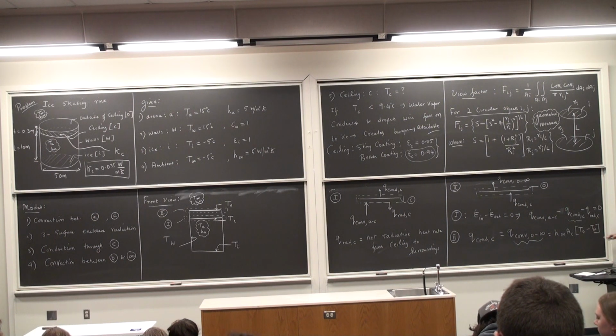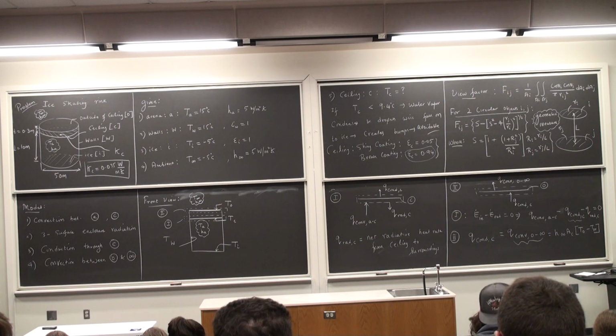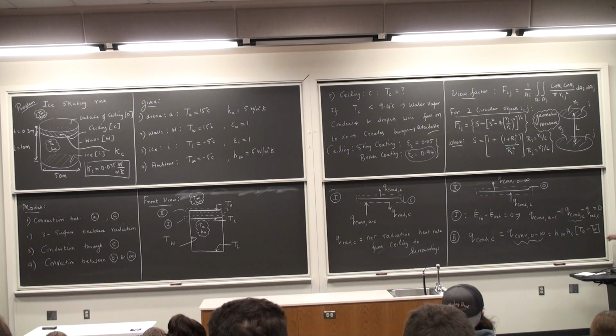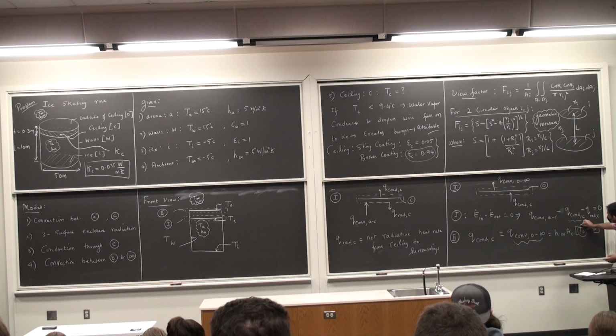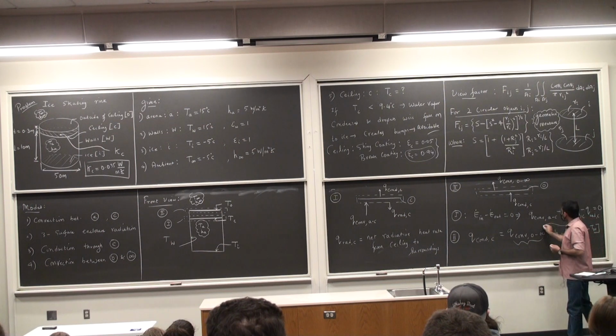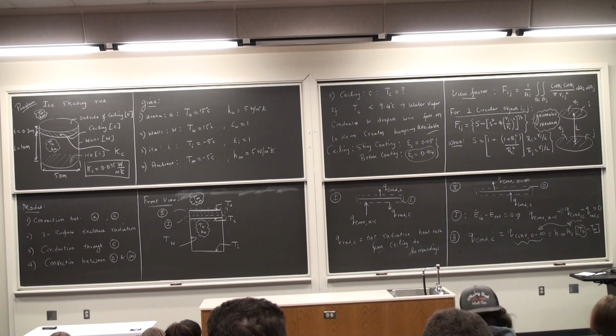I would like to make sure that there is only one unknown in this particular balance that we are performing, and that's going to be Tc, which is the temperature of the ceiling. So since this is not known to us, it is not a wise idea to substitute for Q conduction from this equation. Does this make sense to everybody?